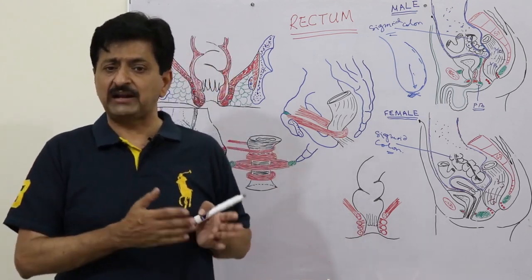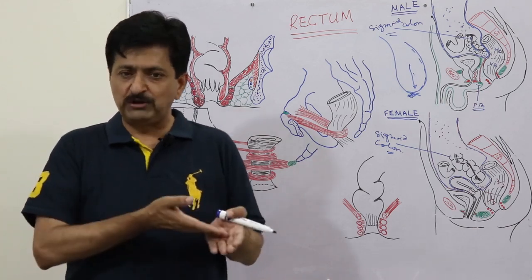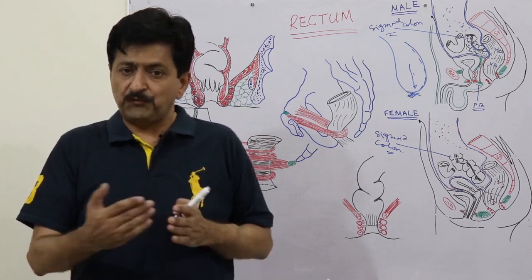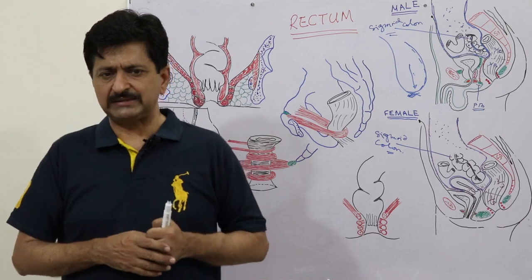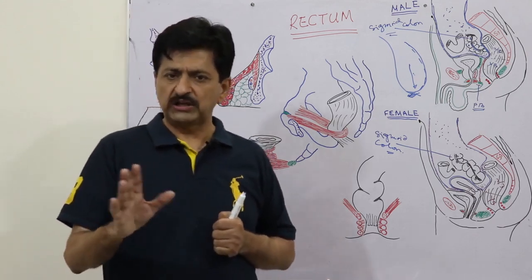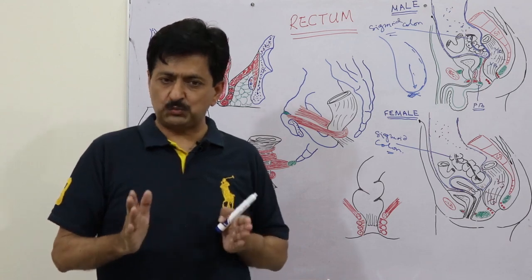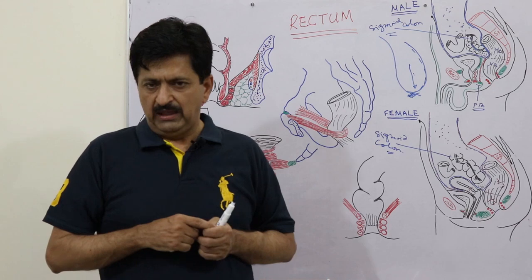For example, if there were two levator ani, one superficial, one deep, one would be called levator ani superficialis, the other levator ani profundus. Profundus means deep. That is how muscle nomenclature works. But incidentally, we don't have two levator ani, we have just one. When it is just one, these two words are enough.